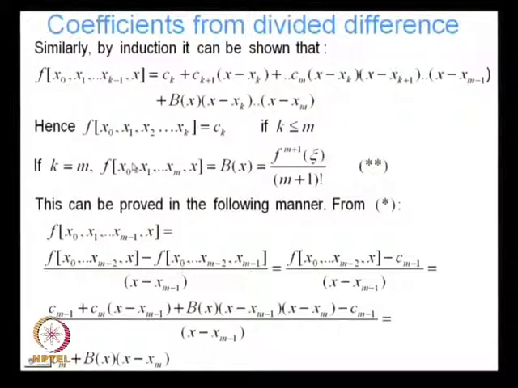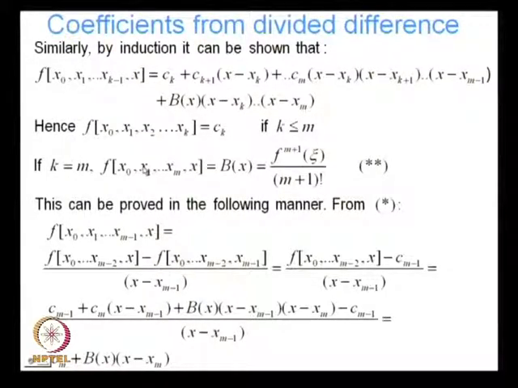Okay. So if k is equal to m, f of x0 x1 up to xm x is equal to b of x. So we know that f of x0 x1 x2 up to xm is equal to Cm, from this. But if k is equal to m, then f of x0 x1 up to xm x is equal to f of m plus 1 at xi divided by m plus 1 factorial.